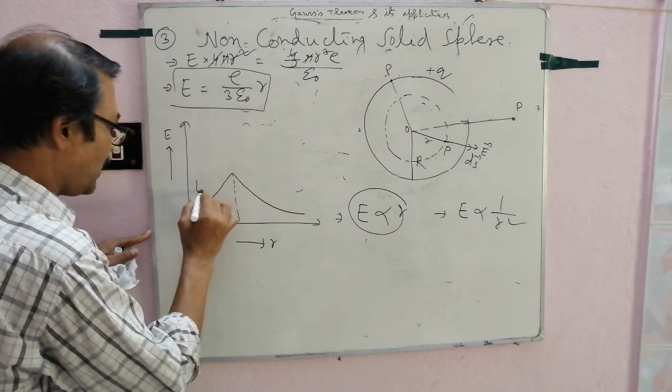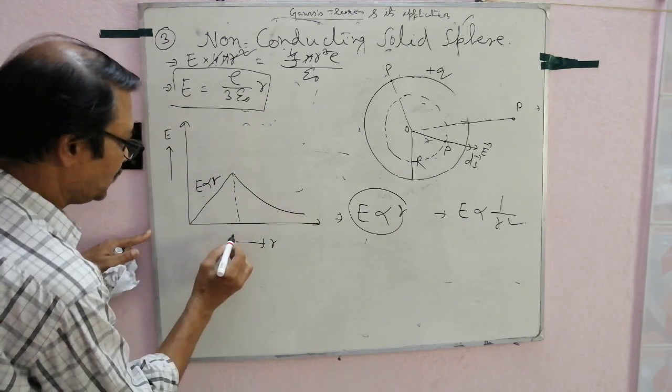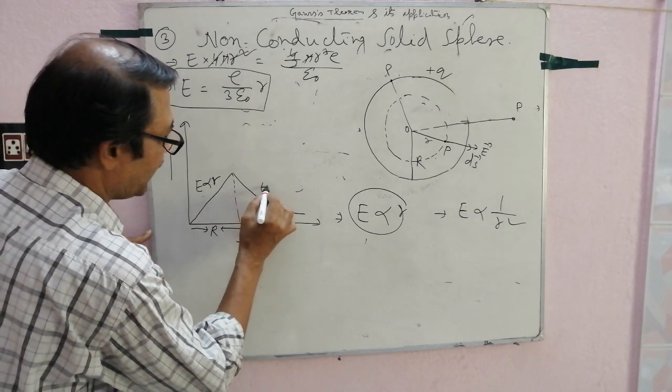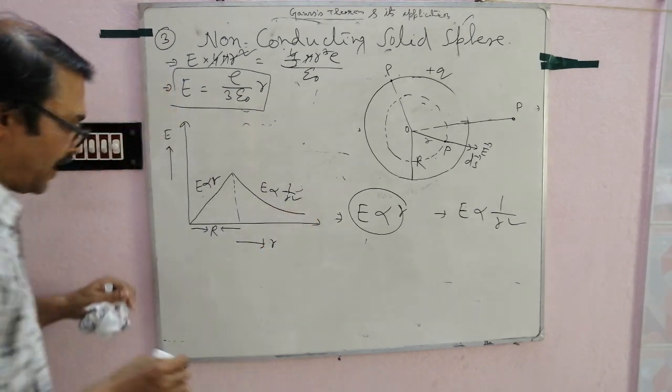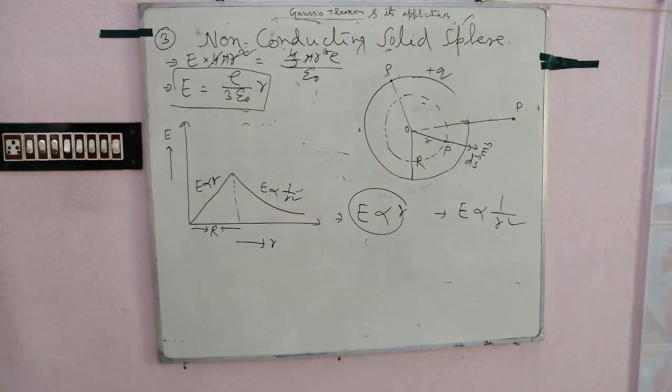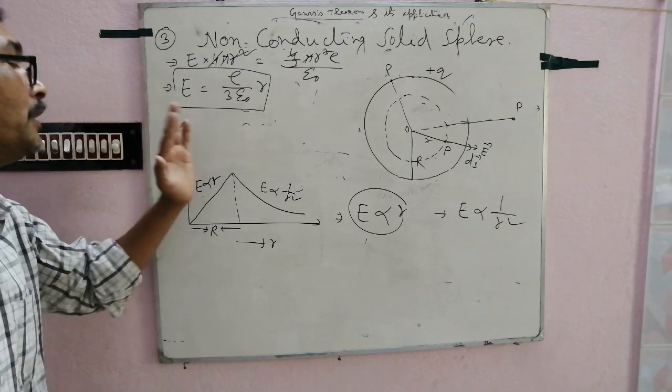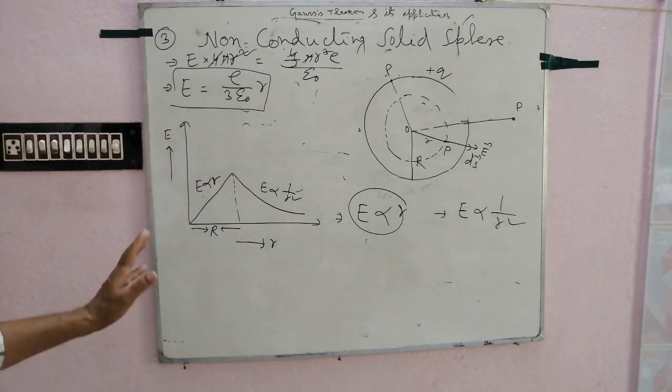Follow, E proportional to r up to the maximum value R, then E proportional to 1 by r square. Just like this type of figure you have seen in the gravitational chapter, acceleration due to gravity. Okay. Note it.